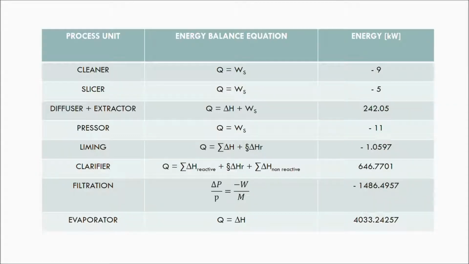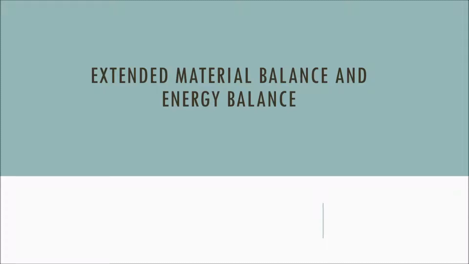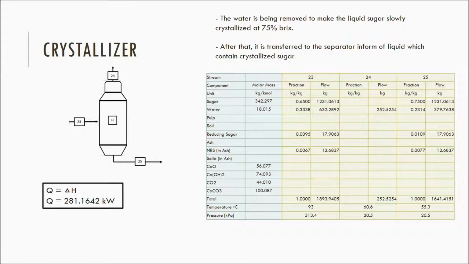First, the energy produced from the cleaner is negative 9 kW, slicer is negative 5 kW, diffuser and extractor is 242.05 kW, presser is negative 11 kW, liming is negative 1.0597 kW, clarifier is 676.7701 kW, filtration is negative 1486.4957 kW, and the evaporator is 4033.24257 kW.